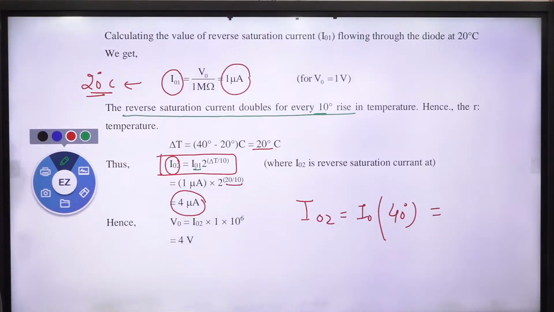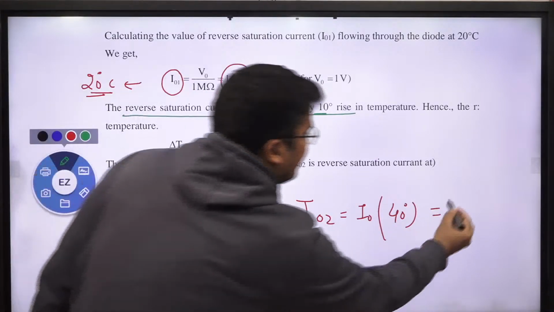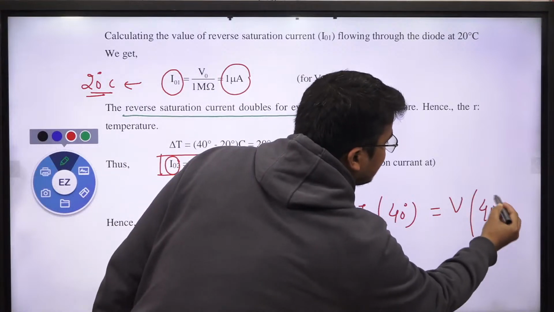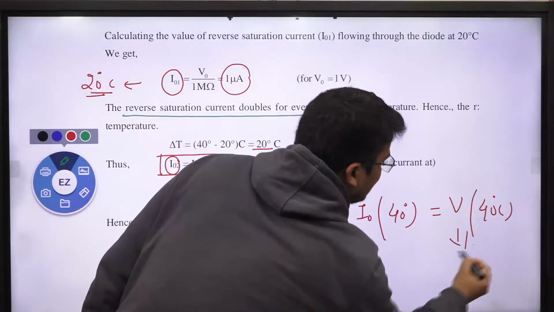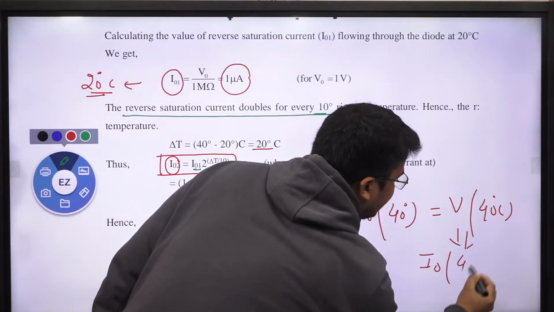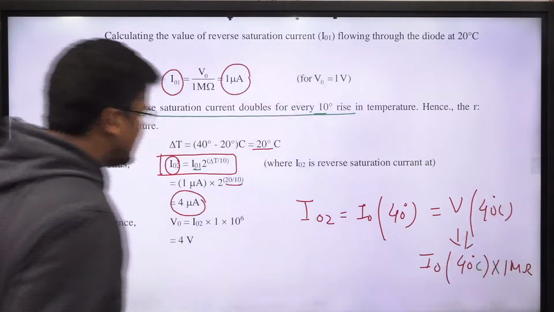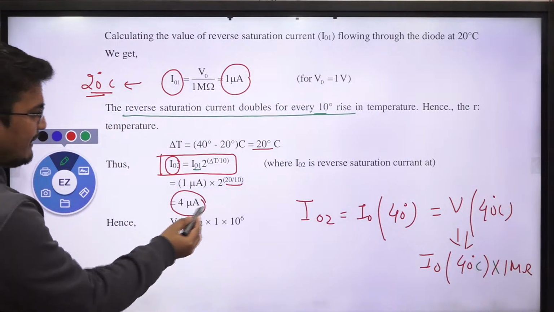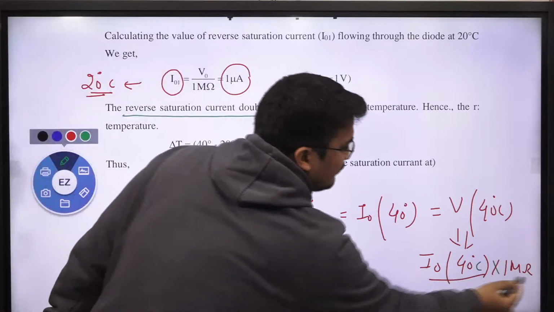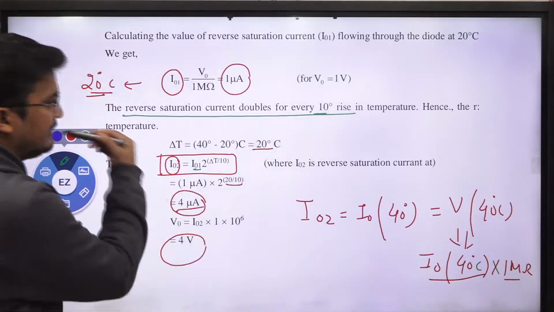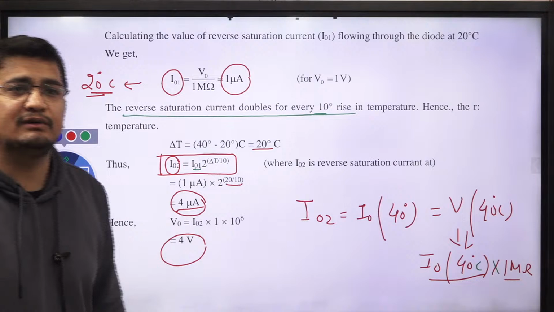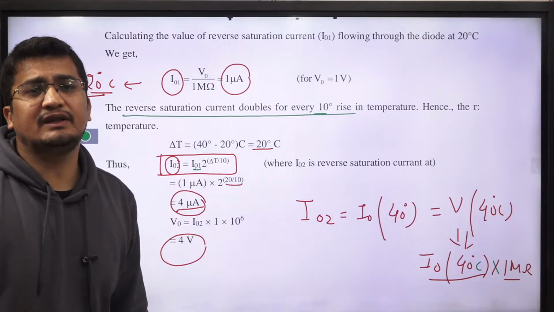Voltage at 40 degrees Celsius will be equal to I naught at 40 degrees Celsius multiplied by 1 mega ohm. So I naught is 4 micro, and 4 micro into 1 mega will give me 4 volt, nothing else. So what will be the answer? The answer will be 4 volt, and many students are giving the correct answer.